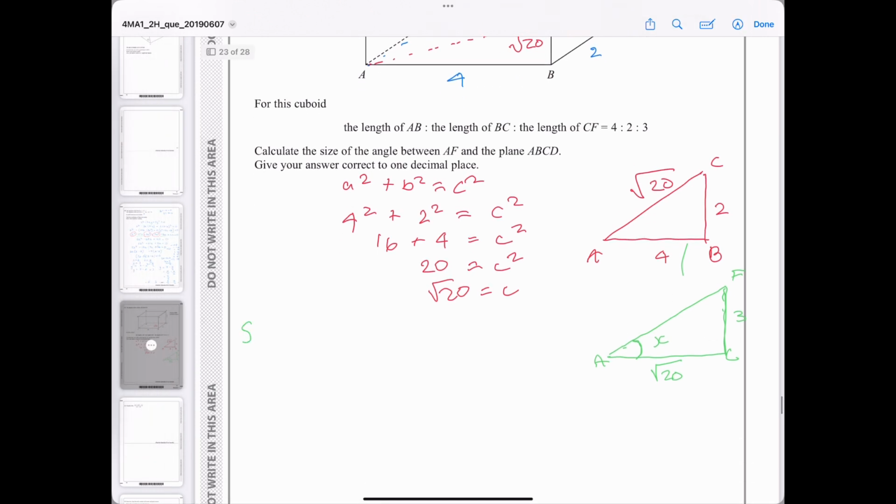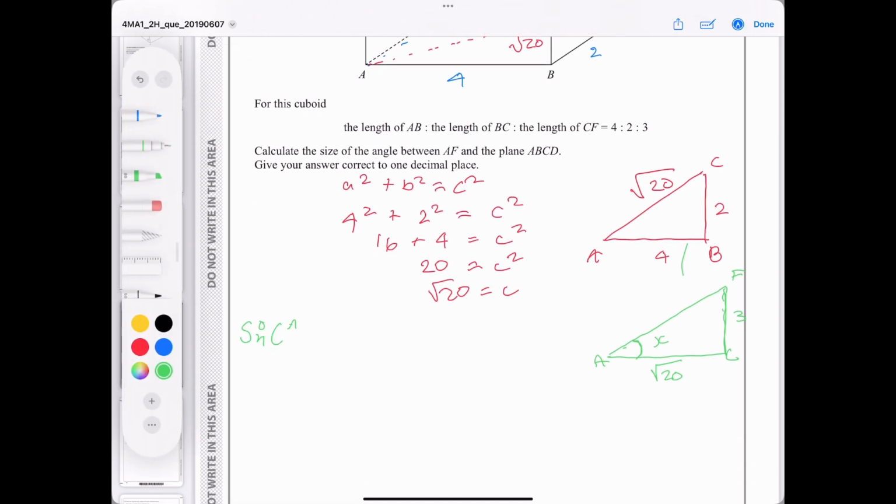Here we go. SOHCAHTOA. There you go. And so this is opposite, this is adjacent, and this is hypotenuse, and we're using the opposite and adjacent, so we will be using the TOA. So we know that tan to the minus 1 of 3 over root 20 equals our answer.